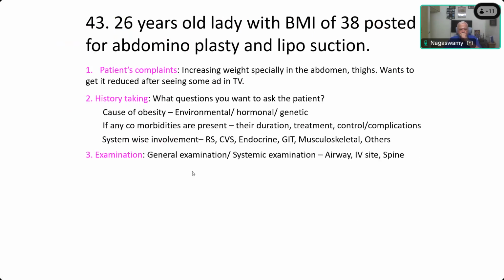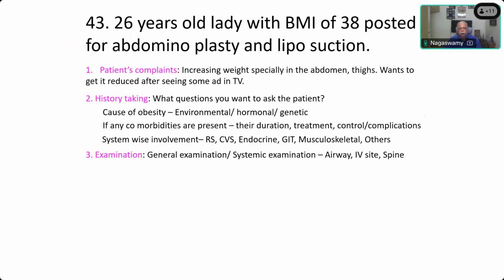Do a general examination of the patient. You straight away started describing the airway and other things. So always start the exam with the general examination, whether the patient is well built, looks very obese, or small built.